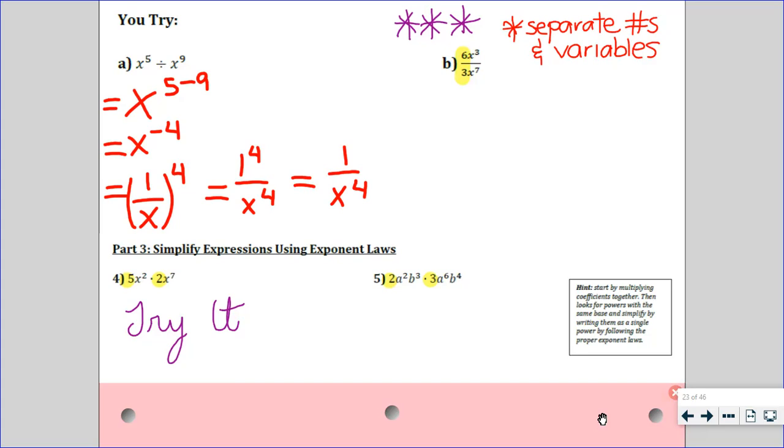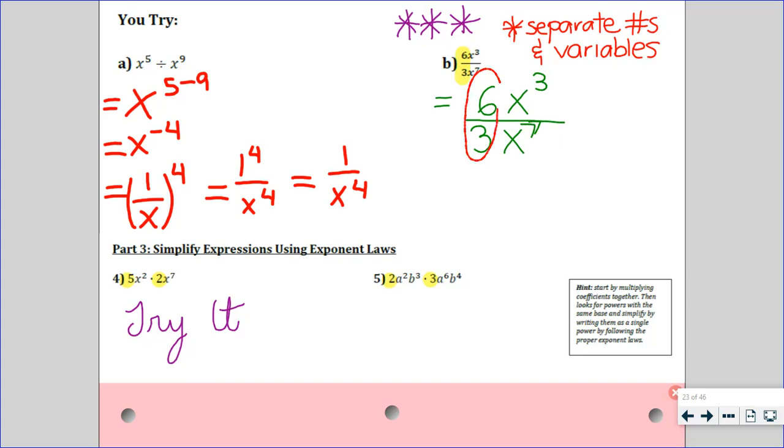Okay, perfect. Let's increase the difficulty a tiny bit. So I'm going to write the next question larger so that you can see it. So I have 6x to the power of 3 over 3x to the power of 7. When you tackle questions that have a coefficient, we call the coefficient the number in front of the x.